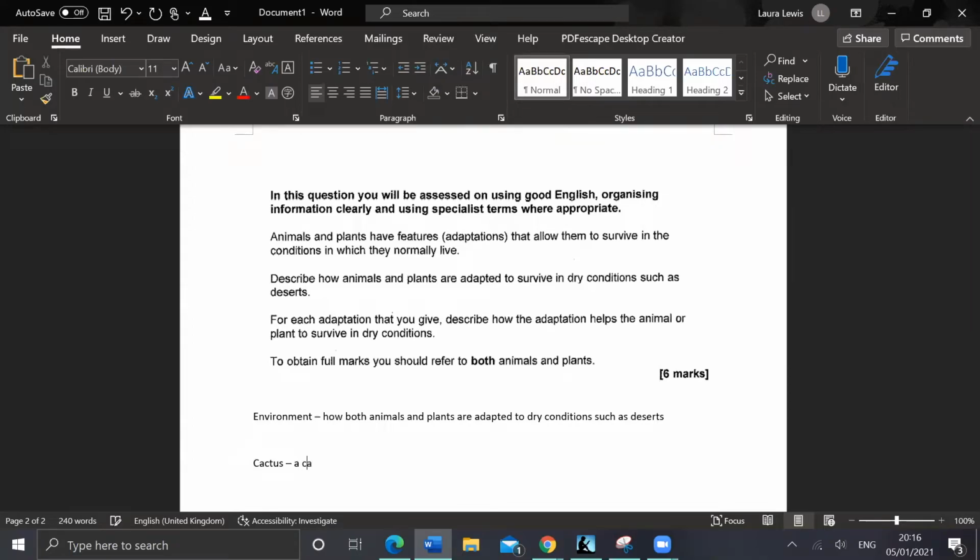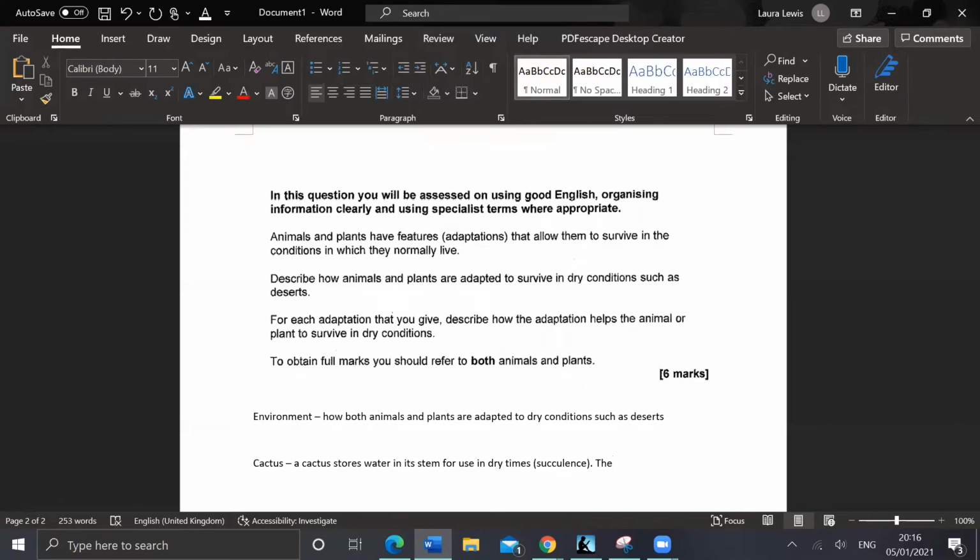So a cactus stores water in its stem, okay, for use in dry times. This actual feature is called succulents. You may have heard of a plant called a succulent. They are related to cacti, but they don't have spines, and they all store water in their stems. And they're quite popular house plants because they don't need to water that much. So yeah, they're for dry times.